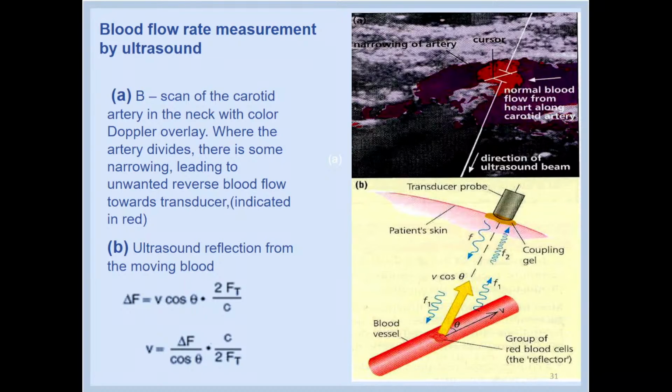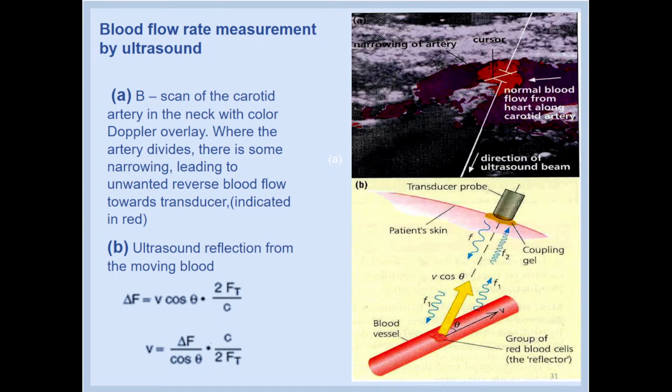This is just the illustration for the principle of blood flow measurement. The Doppler shift technique may be used to estimate the velocity of blood flow in veins and arteries.